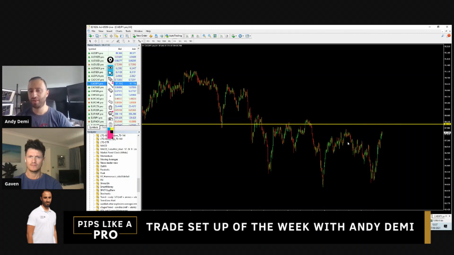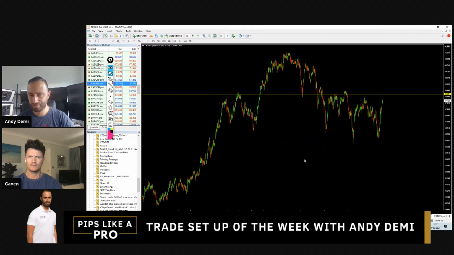That could be roughly a good short somewhere there. Look at that, a really nice reactive line there as well. So I think it's definitely a good potential short-term idea.